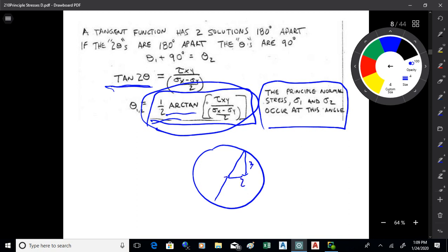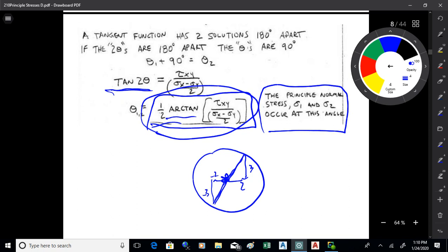Well, this other angle would be minus 3 over minus 2 if I just extend this line back. So those are the 2 angles that would be expressed by a given tangent. Those 2 angles would have the same tangent, and they're 180 degrees apart. Those are tangent 2 theta, so if you take half of the 180 degrees, the 2 angles themselves are 90 degrees apart.